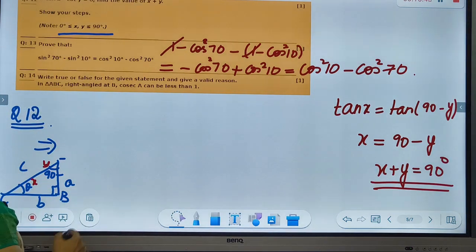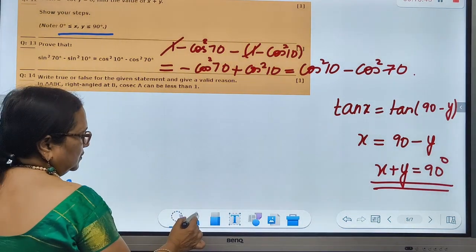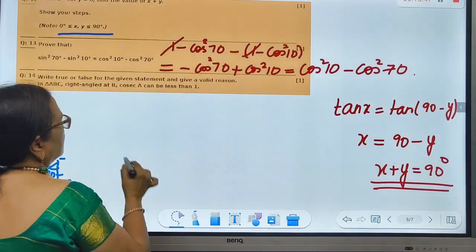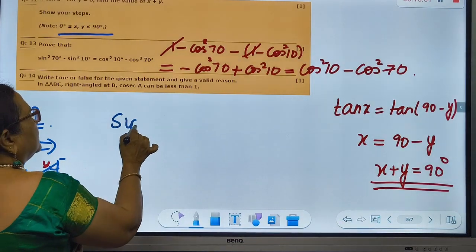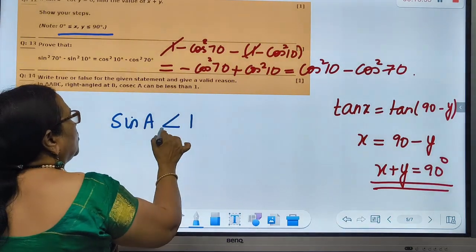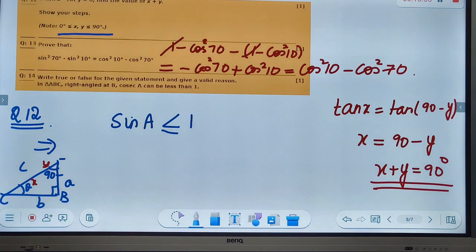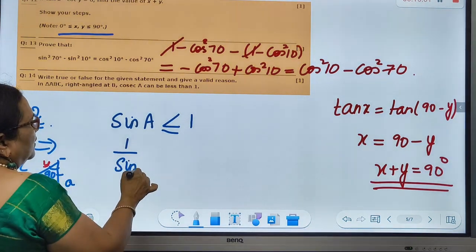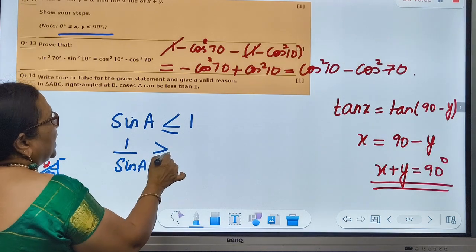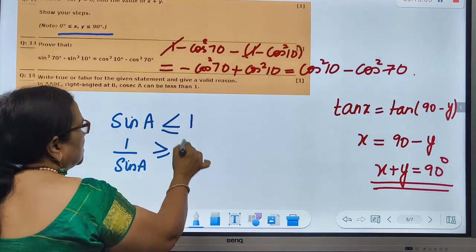Now, you know that sin A is less than or equal to 1. Now, 1 by sin A will be greater than or equal to this reciprocal, which is again 1.